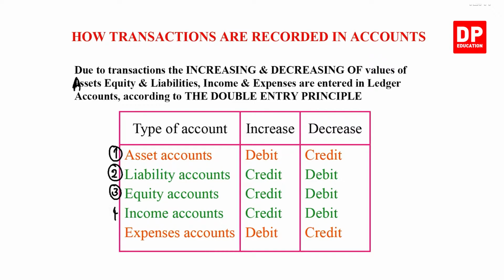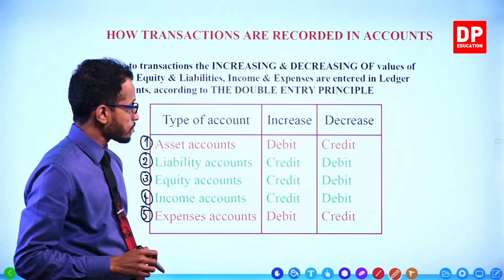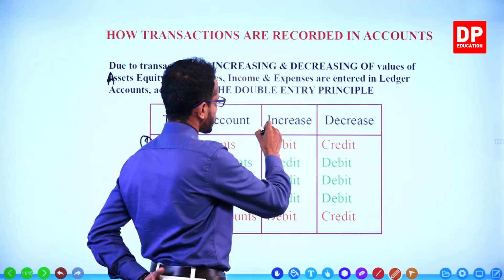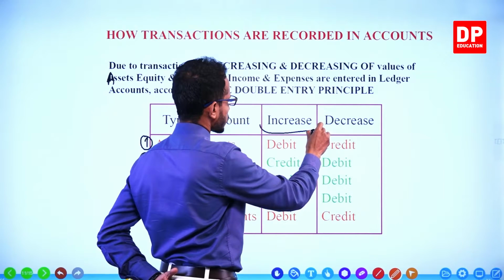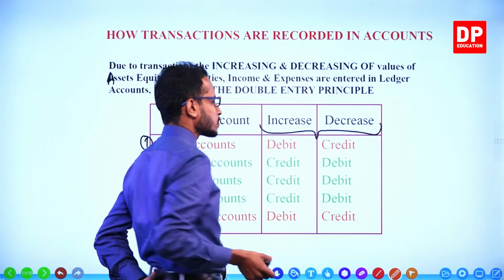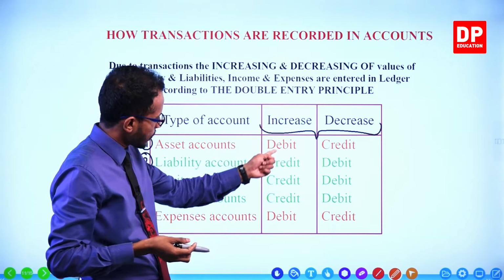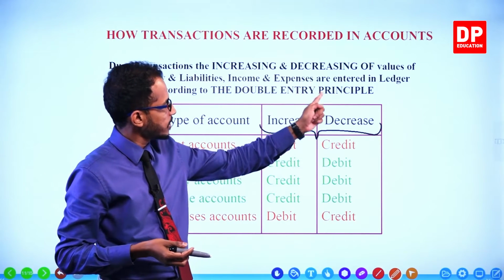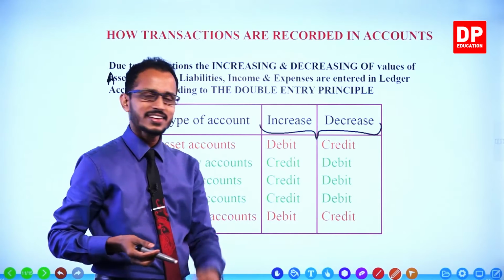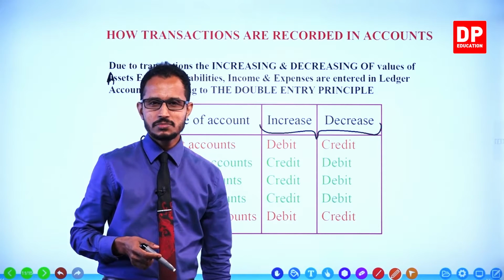Equity. 4. Income. And 5. Expense accounts. Now what is here? It says increase: debit, credit, credit, credit, debit. Decrease: credit, debit, debit, debit, credit. What does it mean?